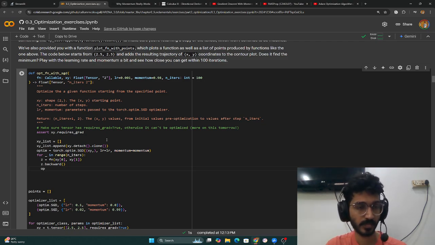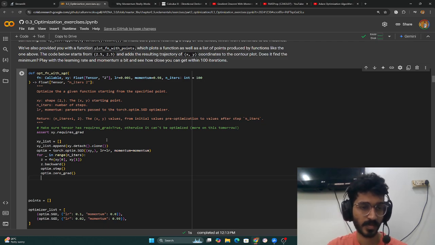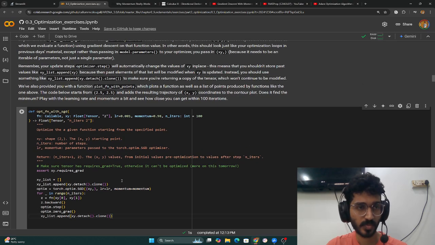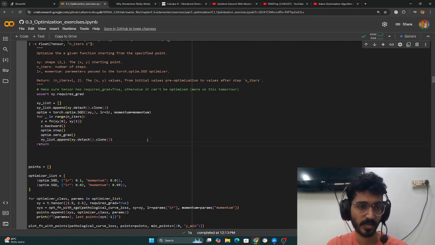Step, zero the gradients. Then finally we return XY list.